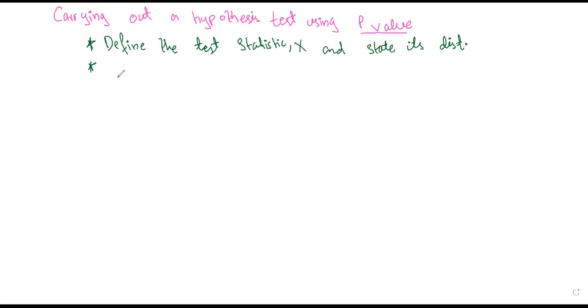Second step: we'll be following these steps in coming examples, so it is important.